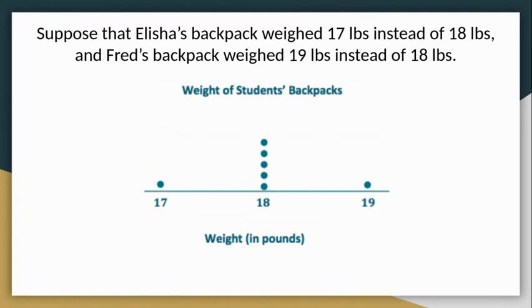There's more variability because there are now 2 different values besides 18, so our mean absolute deviation would increase from both our original mean absolute deviation, which was 0, and from the last example, because there are now 2 different points instead of 1. For the rest of your independent practice, you're going to continue working with mean and mean absolute deviation to measure the variability, center, and spread of data distributions.